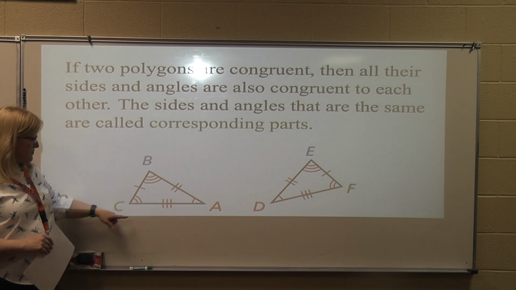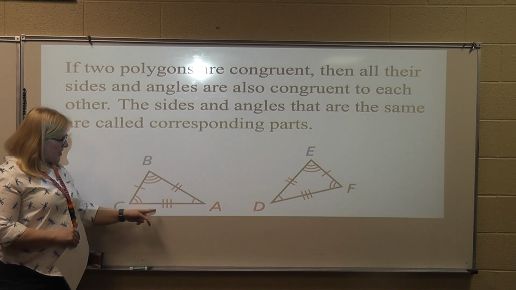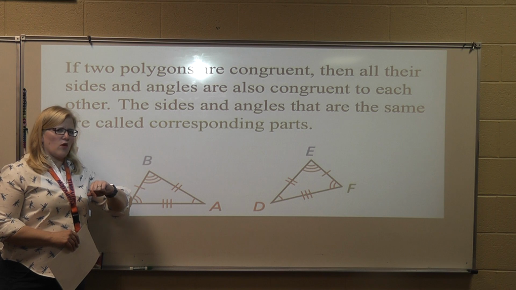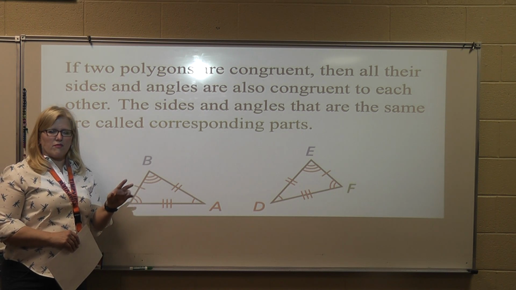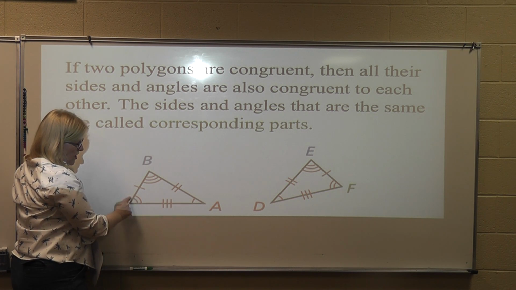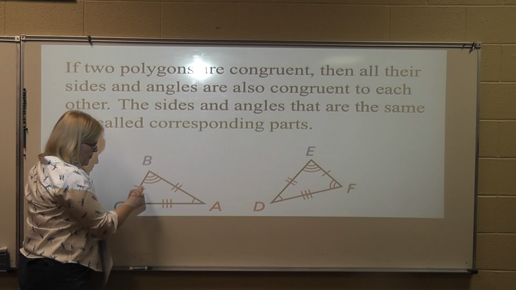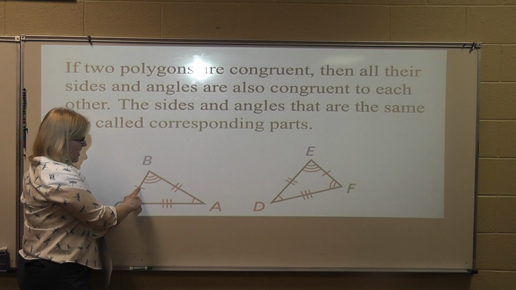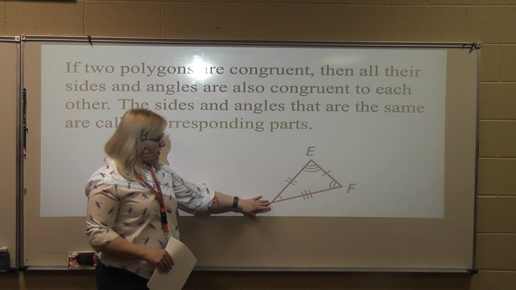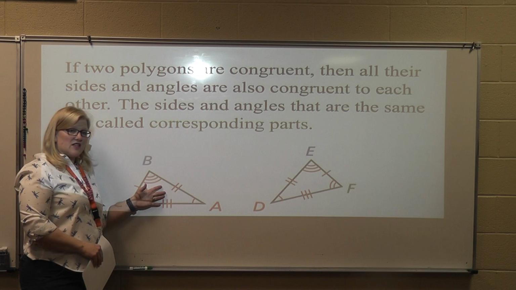For example, here we have a triangle ABC, and we can see how each angle is different. I think you guys have done that before where you have these marks. This shows an angle, and this has two arcs, and it shows that the angle is different than this one, and this is a different measurement. So all three of these angles have different measurements, and all three of these sides have different measurements. But when I come over here, I notice that the markings are the same as the markings in this triangle.